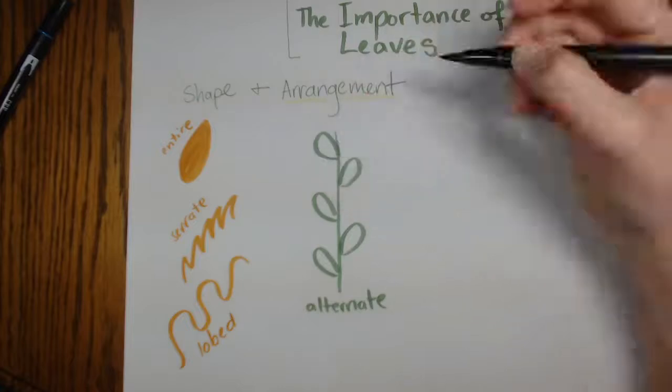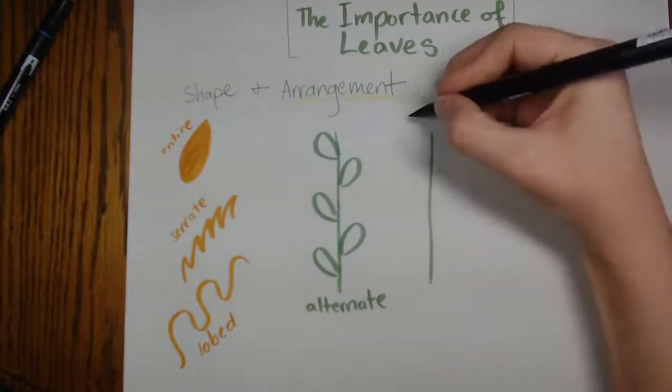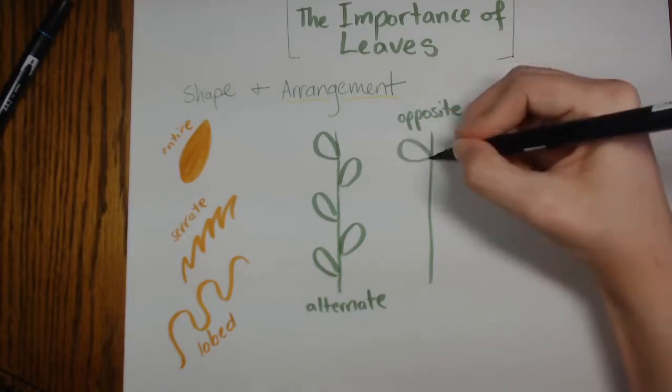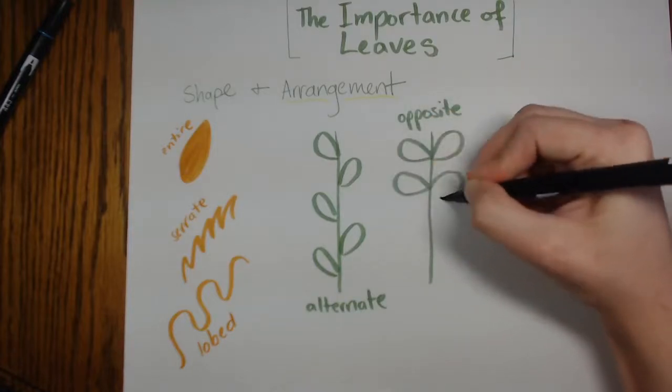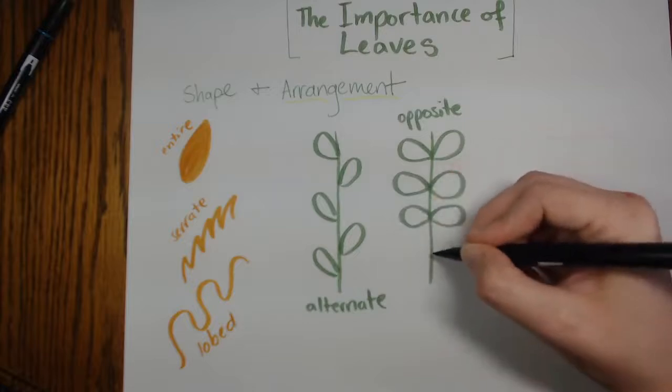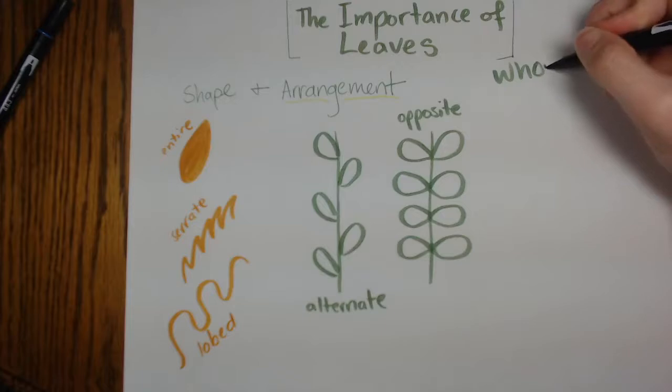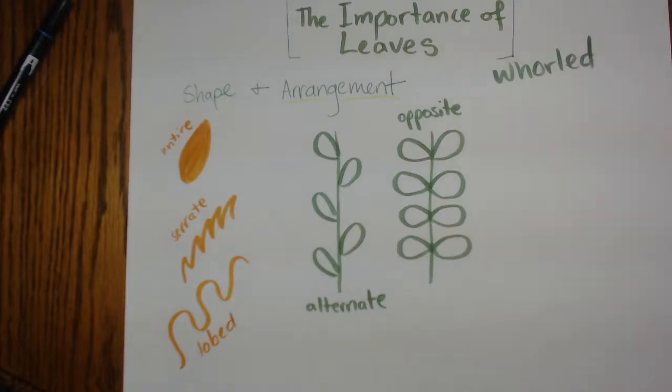In opposite leaf arrangements, the leaves grow paired on the stem, with each leaf having a sister on the opposite side of the stem. Whorled leaves, on the other hand, grow with multiple leaves in one place.